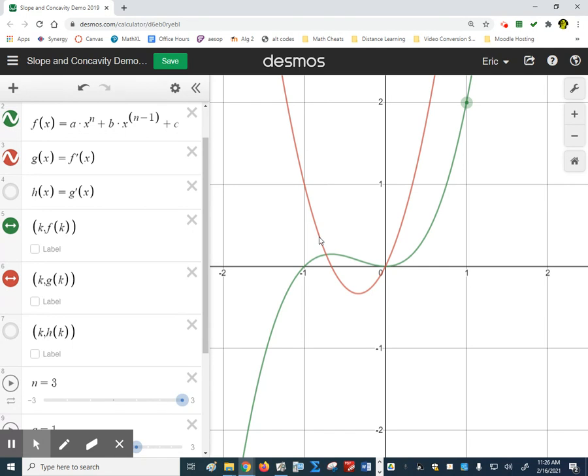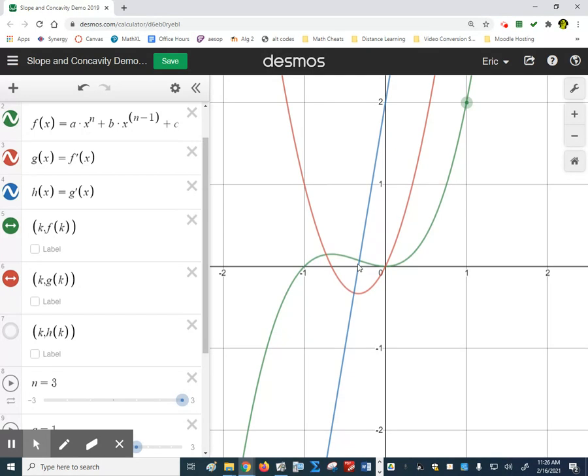Isn't the slope of the red graph the rate of change of the slope of the green graph, right? And then at that vertex, the rate of change of the slope transitions from 0 to positive because now the red derivative function has a positive slope, right? There's the second derivative.